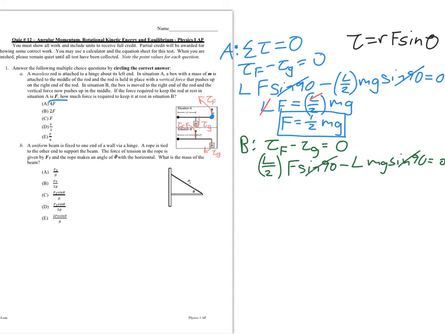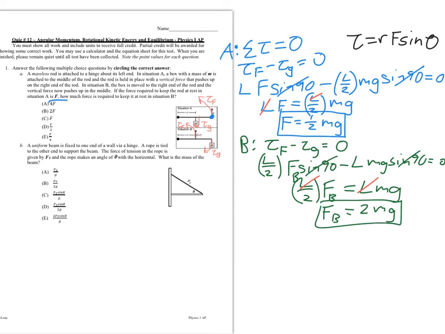Sine 90s go away once again, and I get L over 2 times F, and I'm going to call it F_B, the force in situation B, is equal to L times mg. The L's go away, and I find now that the force of B is 2mg, which is going to be 4 times as much. So the answer there is 4F, because this new force, 2mg, is 4 times my original force, 1/2 mg.